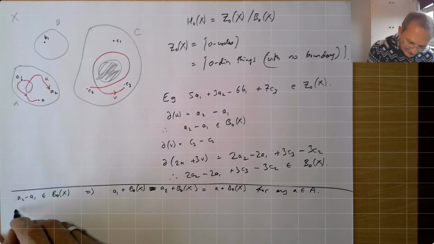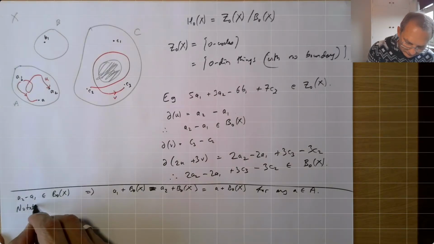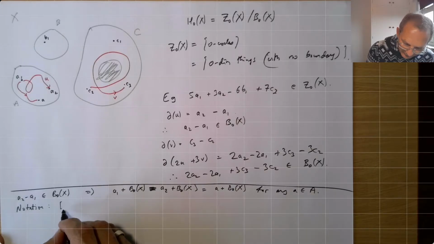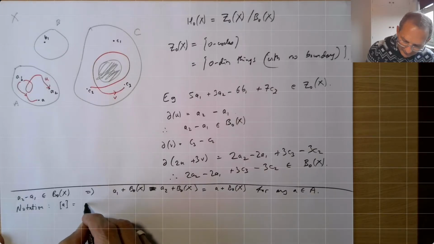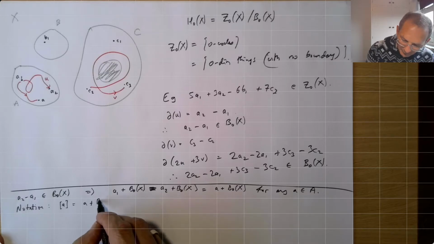And so the notation, you typically write square bracket A for the coset a plus B0X.